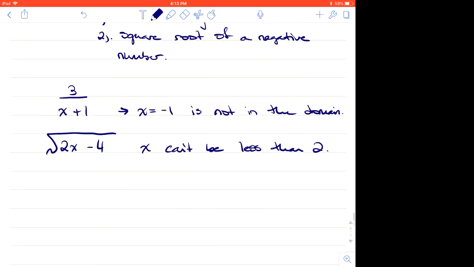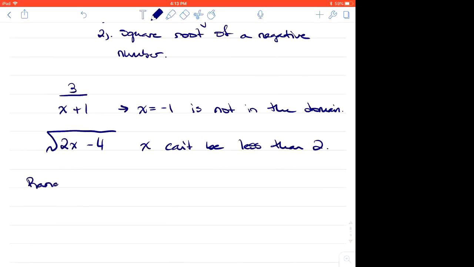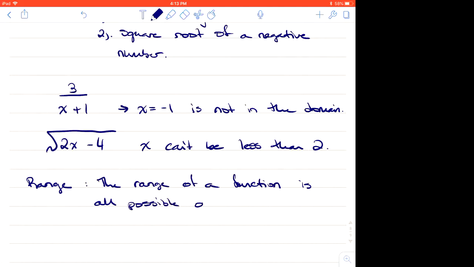Okay. The range is a little bit easier. The range of a function is just all possible values of y. If the domain is all possible values of x, which it usually will be, then the range is always all possible values of y. And so the range of a function is all possible output values of y.